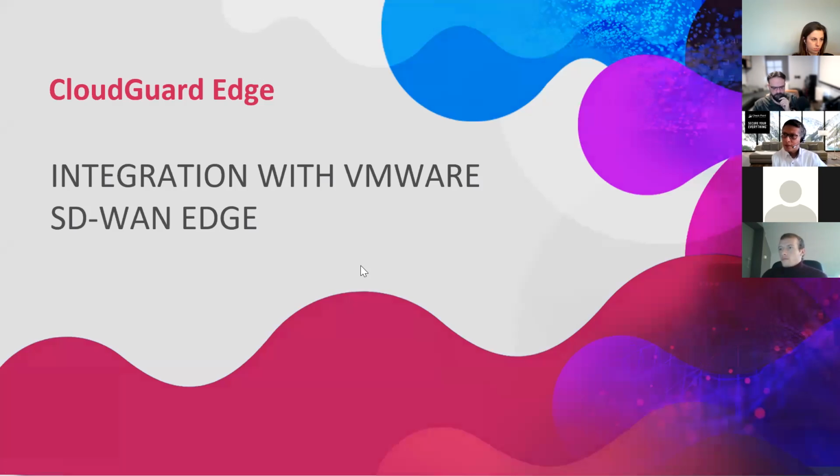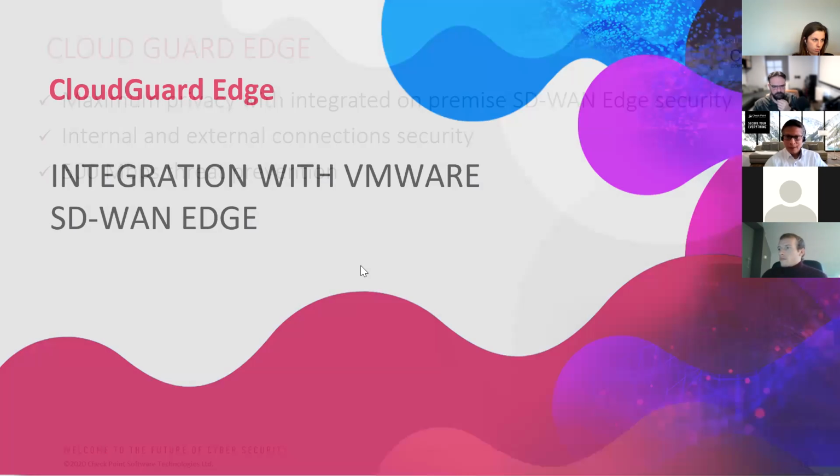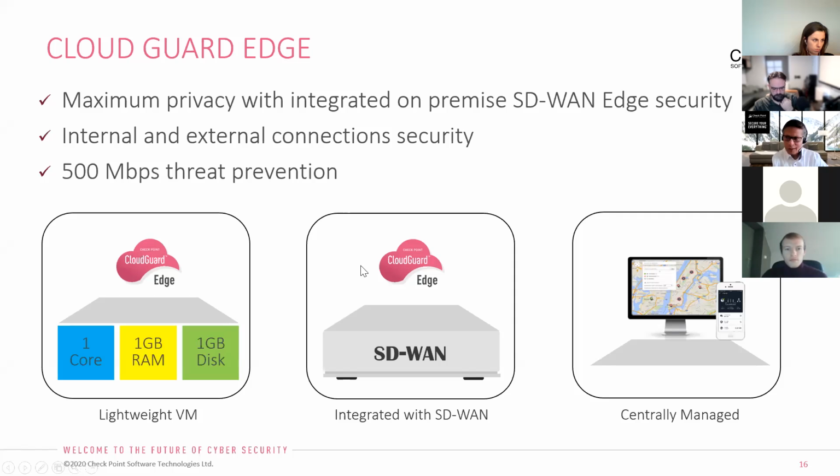So what CloudGuard Edge is, and I can relate to the latest slides that Frederick showed, is a lightweight VM. It's a VM which doesn't need much, just one core, 1 GB RAM and 1 GB disk. We have some best practices, of course, to scale it out if you need more performance.